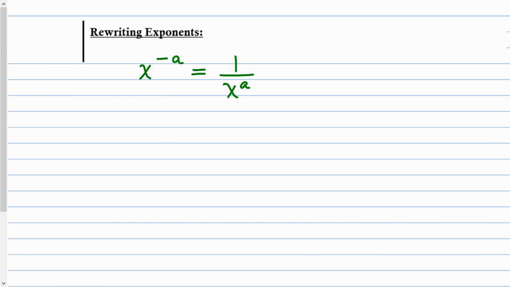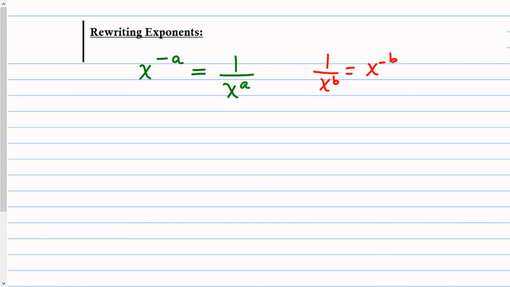Once I write it as a denominator, my exponent is no longer negative. If you kept that negative, then that would be wrong. Same way, if I had 1 over x to the b power, then I would have to rewrite that as x to the -b. It goes both ways.